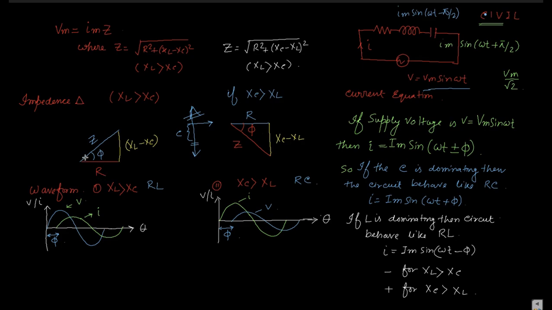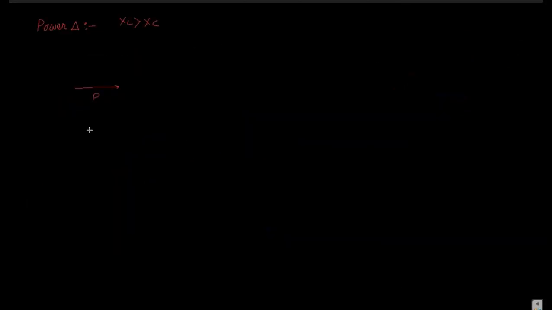The power dissipated across the resistance is the active power. The power across the inductor and capacitor, the resultant of inductor and capacitor, is nothing but the reactive power, that is Q.